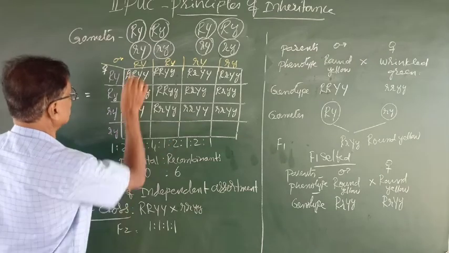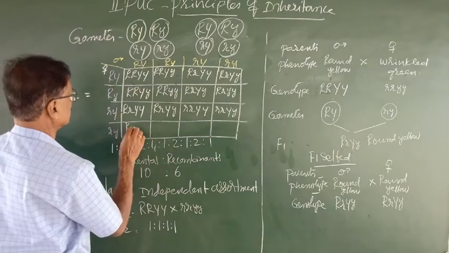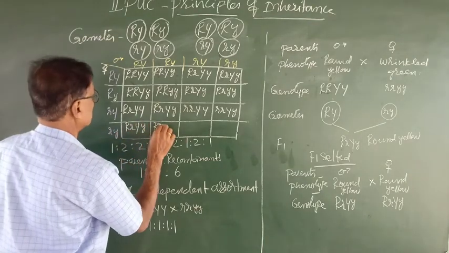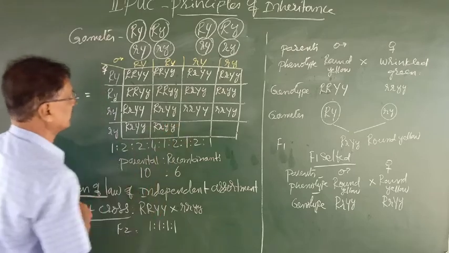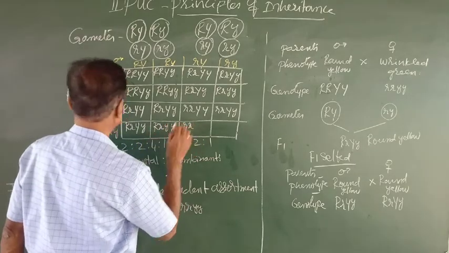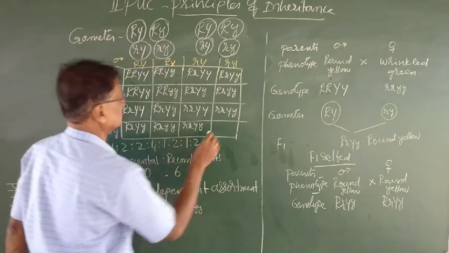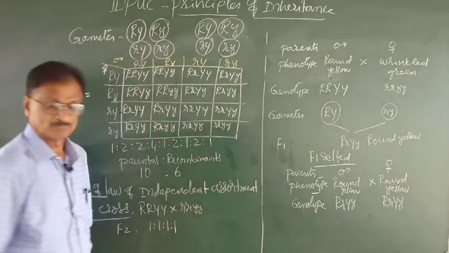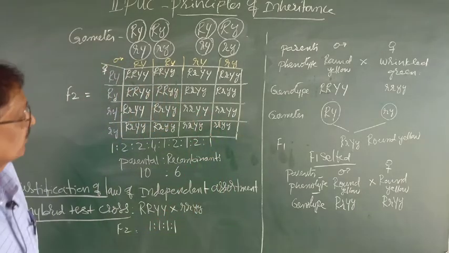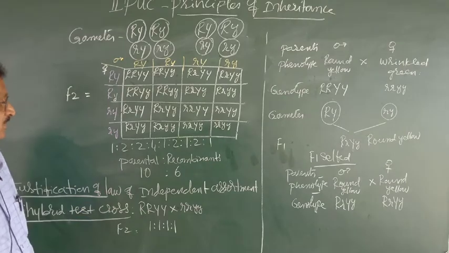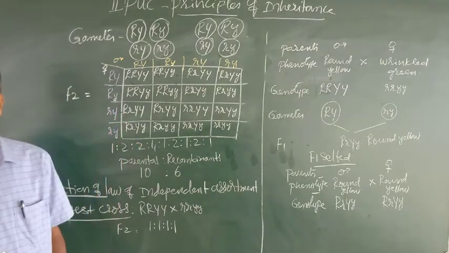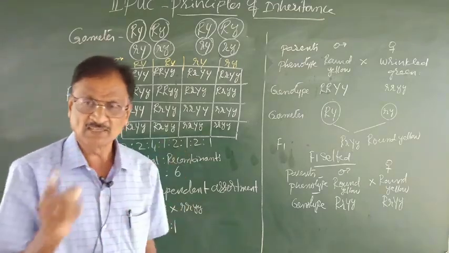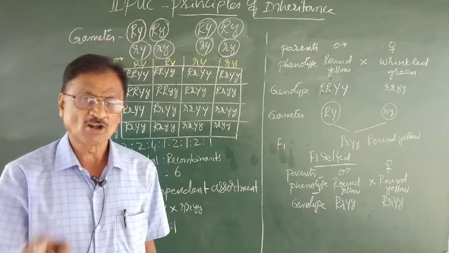And in the last column, capital R, small r, capital Y, small y, capital R, small y, and small r, capital Y, small y. And lastly, small r, small y. So this is how you are going to get 16 individuals. Now we have to work out how many are the round yellow, how many are the wrinkled green, and how many are recombinants like this.